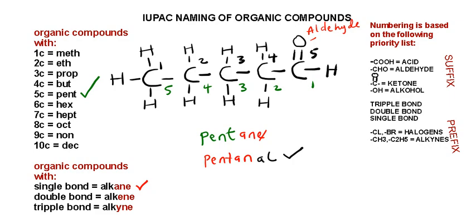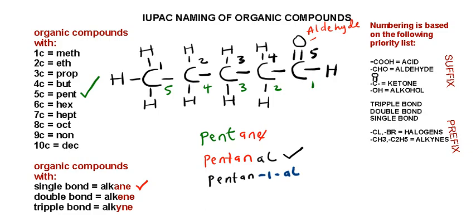Pentanal is correct, or we can also call it pentan-1-al. Why? Because this aldehyde functional group is attached to carbon number 1 in the backward direction.